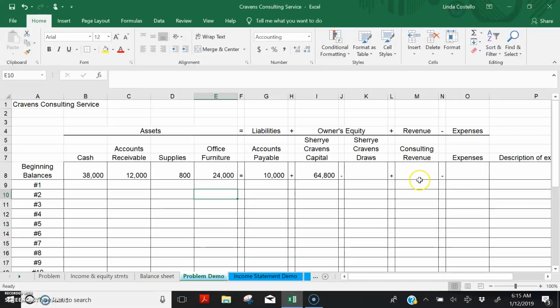There's a separate column for consulting revenue. But there's only one column for expenses. We will be working with a number of expense accounts, and rather than make this spreadsheet even wider than it is, we will post an expense amount here and then put the expense account title here.